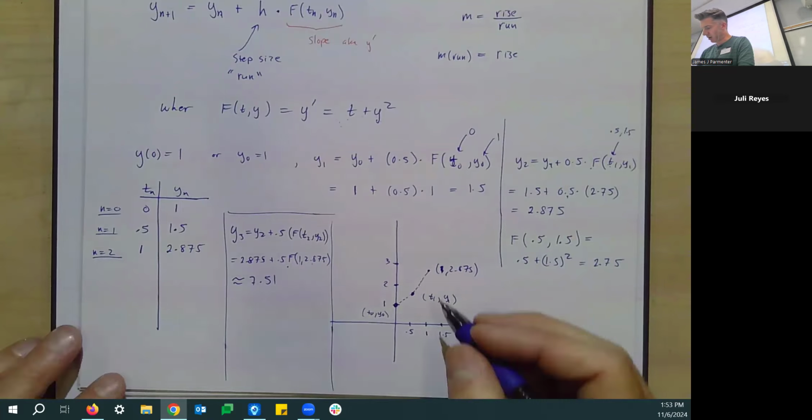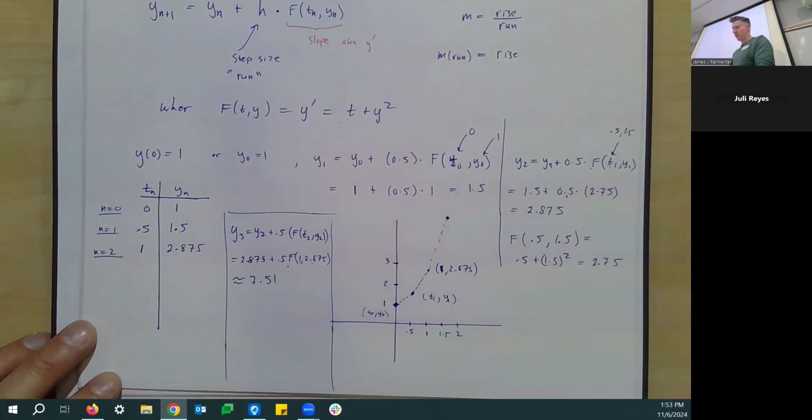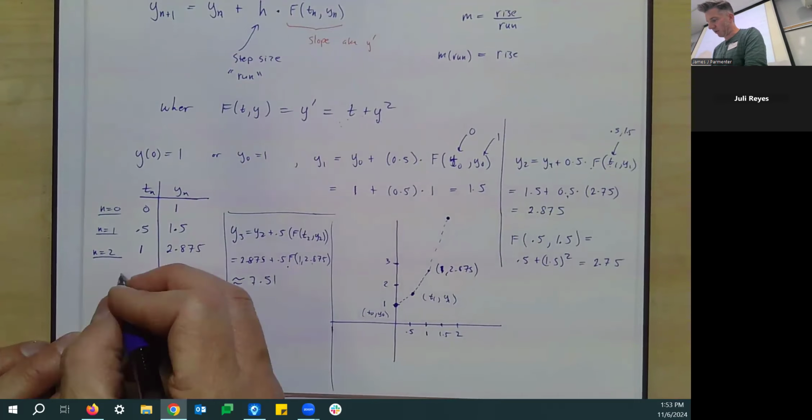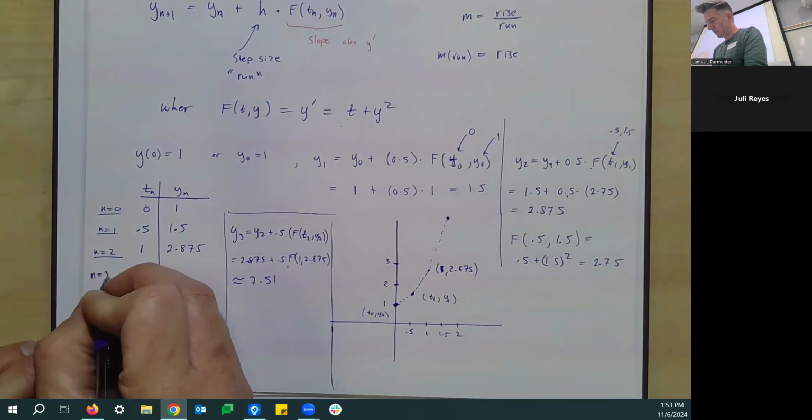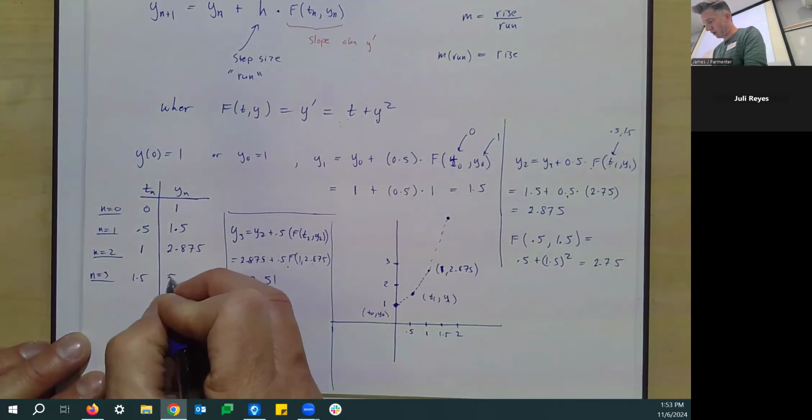So then we're way up here, right? And then finally, one more time. Again, that's for n equals 3. My t is 1.5. My y value is about 7.51.